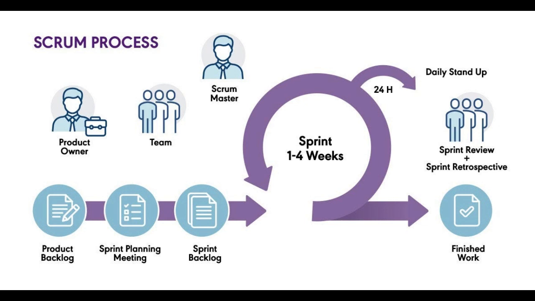Here, demo means demonstration, and feedback means the feedback which we receive from the product owner, from the customer, from the business side. So the first thing is the demo or demonstration.